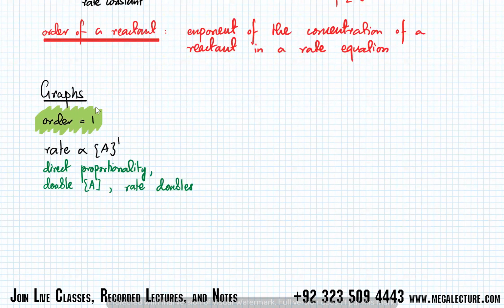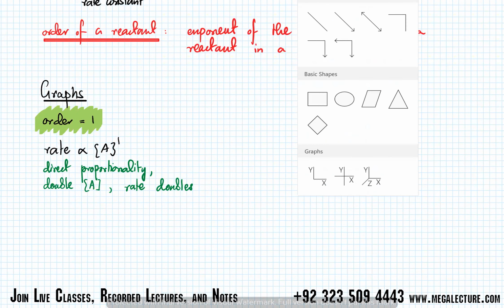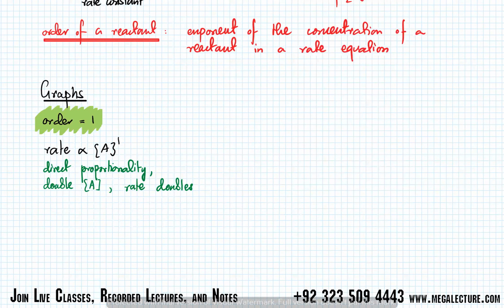ठीक है, तो obvious, ठीक है, order one. There'll be two graphs which we're going to talk about. One of the graphs is literally this, ठीक है, it's this graph. So graph number one just represents the relationship, which is A's concentration, ठीक है, it's increasing, and over here you've got rate.